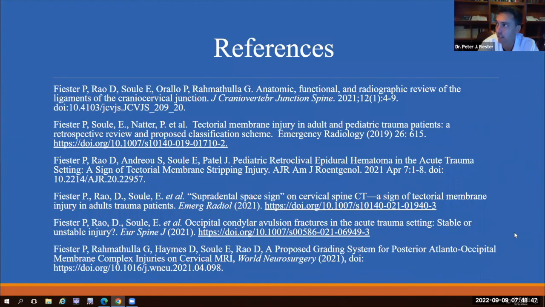I think a lot of the x-ray research that was done on this 20, 30, 40 years ago relied on atlanto-occipital joint space widening. Basically it just looked at the joint space, looked at the basion-dens interval and all these lines that are not reliable. And we've proven they're not reliable because now we have CT and MRI, which can directly look at all this stuff.